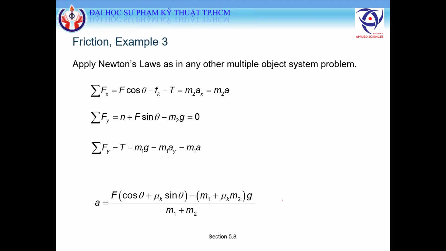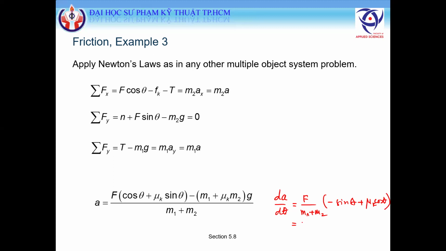Then you can see here, if I take dA over d theta, what do I get here? I get F over M1 plus M2, right? The rest are constant. Cosine of theta will be minus sine theta. Sine theta will be mu k cosine theta, right?